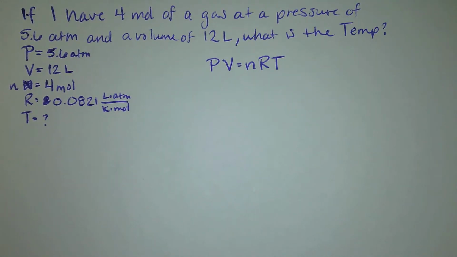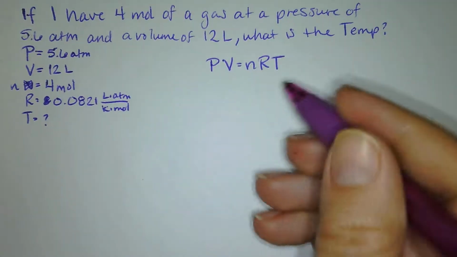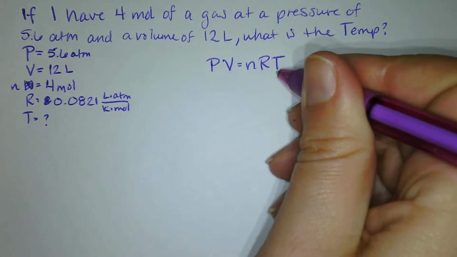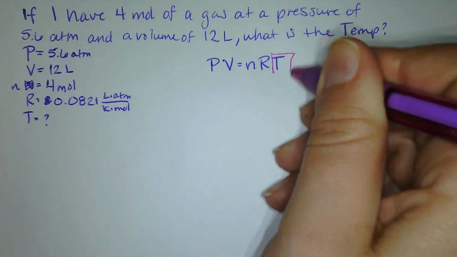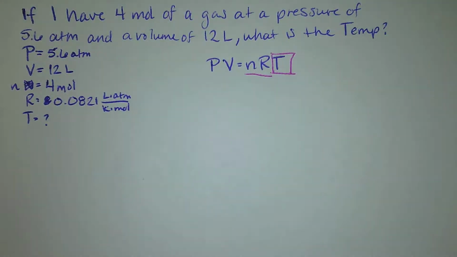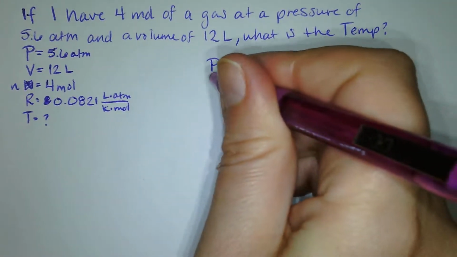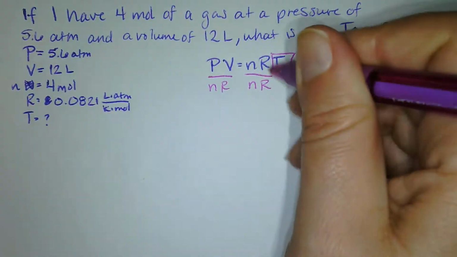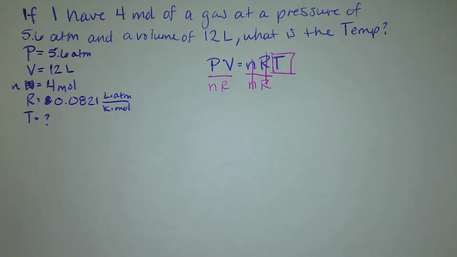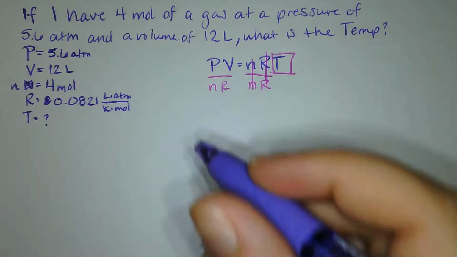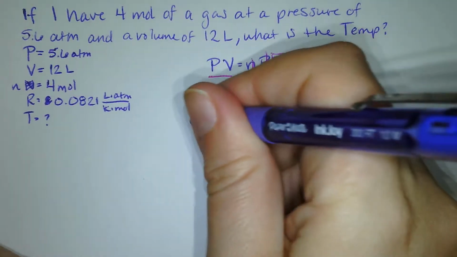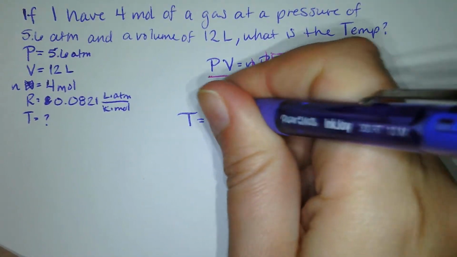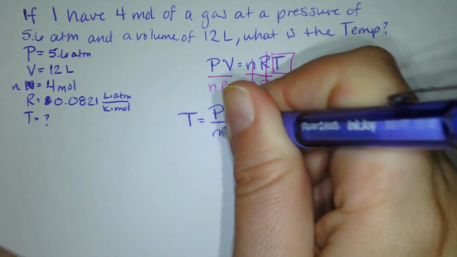I want to leave the temperature where it is, so I'm going to get rid of n and R. They're attached to temperature with multiplication, so I'm just going to divide them away on both sides. Divide by n and R, and these both cancel. So I'm now going to rewrite my equation. Temperature is equal to PV over nR.